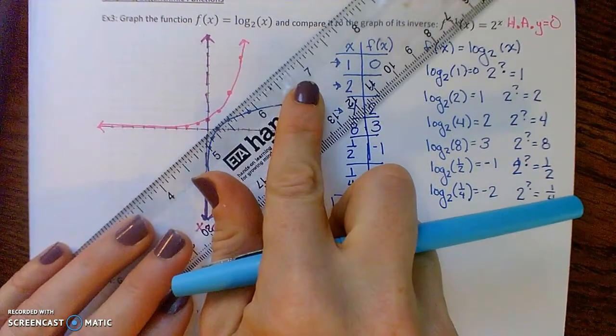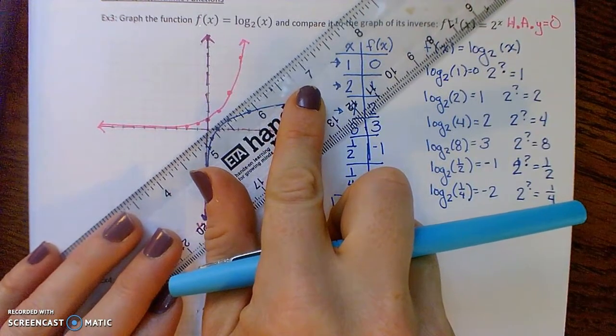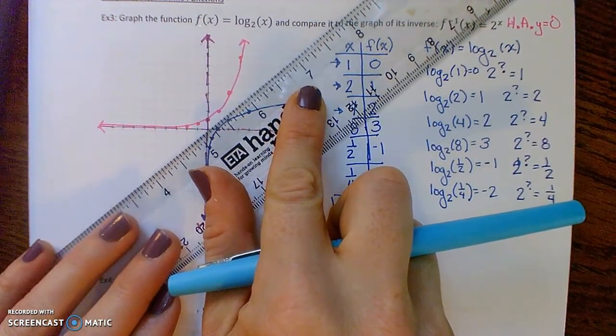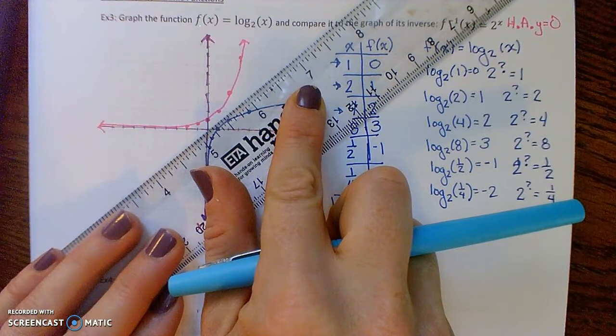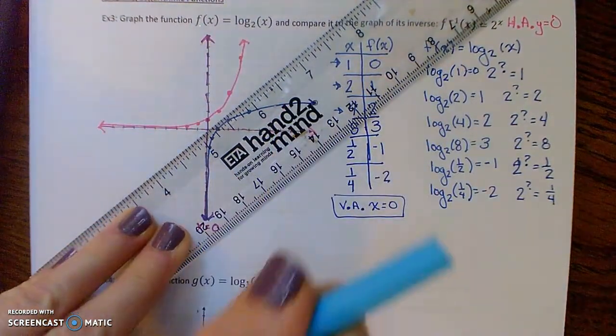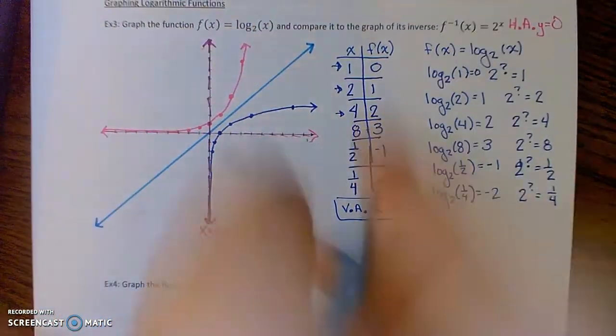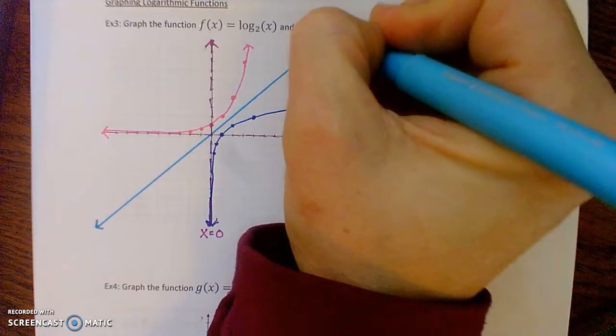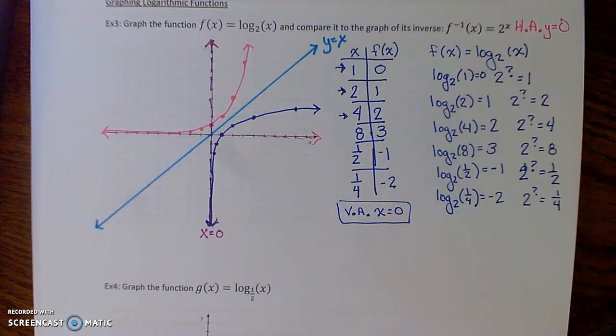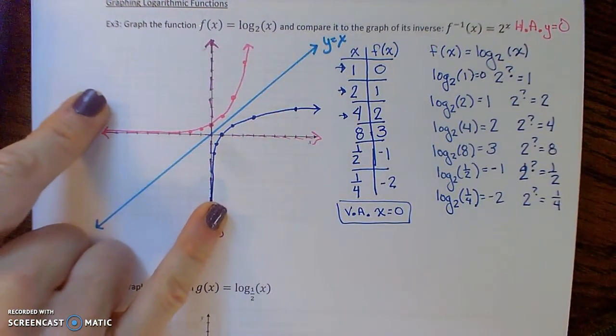So if I draw in the line y equals x here, what I want you to see is that this line y equals x is like a line of symmetry between these two graphs.